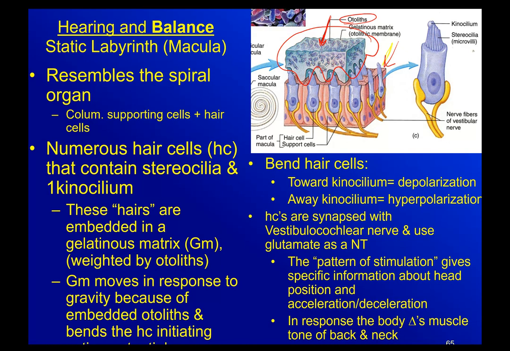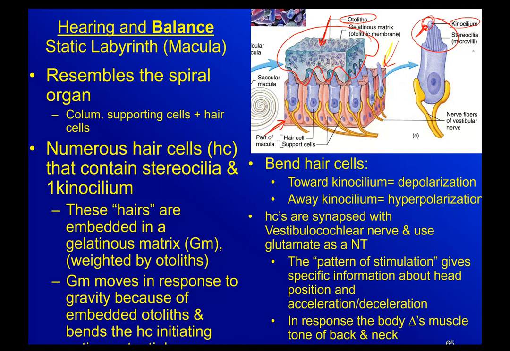It does resemble the spiral organ in the fact that you've got a column of supporting cells, the pink cells that you see, supporting the hair cells. The numerous hair cells actually have the same type of stereocilia, those little hairs sticking out, and one kinocilium, which is this bumpy looking one that you can see up here.